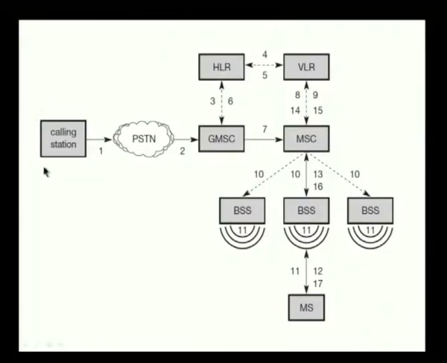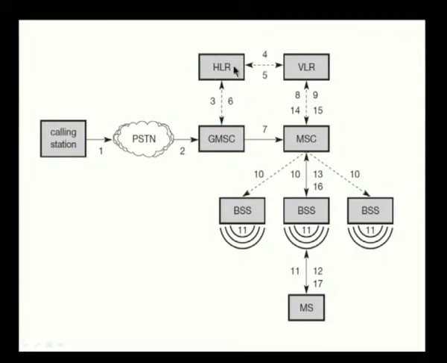In the first step, a station is making a call to the PSTN. The PSTN is able to identify from the number of the mobile user that the mobile station belongs to a service provider, so the PSTN contacts the gateway mobile switching center. In the third step, the gateway mobile switching center makes a request to the corresponding HLR, the home location register.